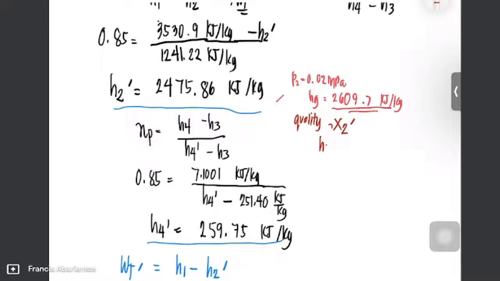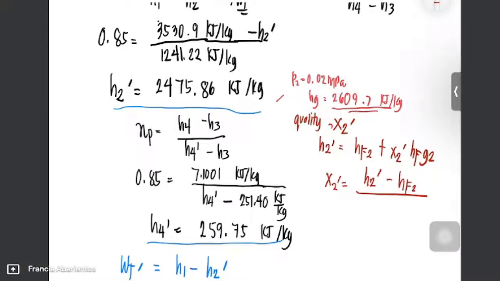H2 prime now is equal to HF2 plus the quality at point 2, HFG2. Finding for the quality at that point using the H2 prime. Yan.